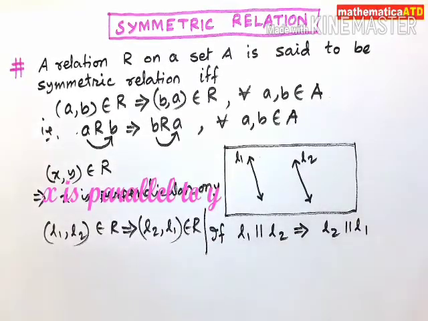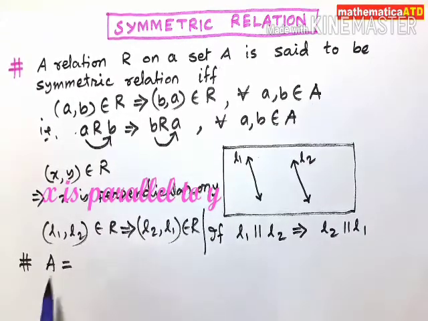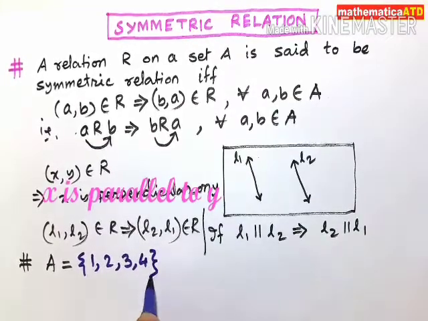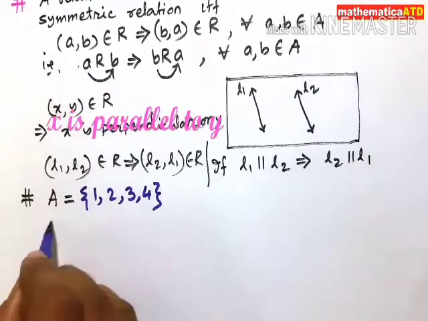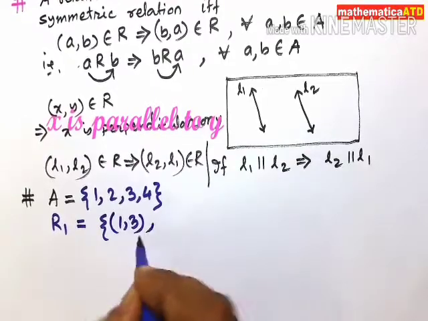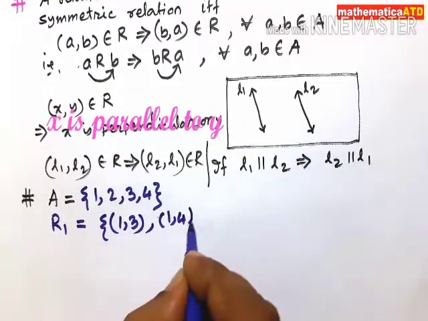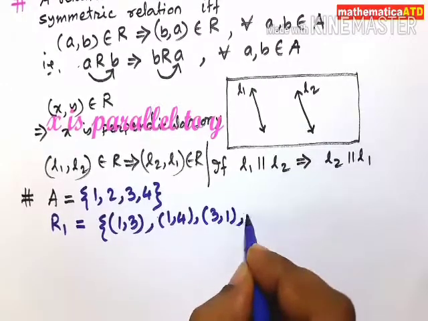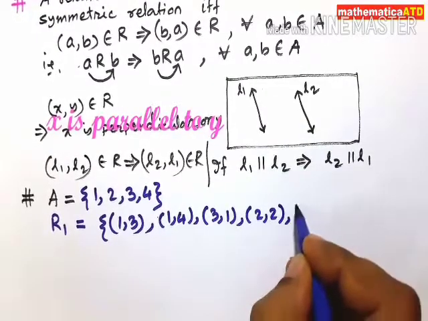Now we shall take a numerical example. Let us consider A be a set which contains some elements, say 1, 2, 3, 4. And R1 and R2 be two relations on set A, given by R1 equal to the ordered pairs (1, 3), (1, 4), (3, 1), (2, 2), (4, 1).